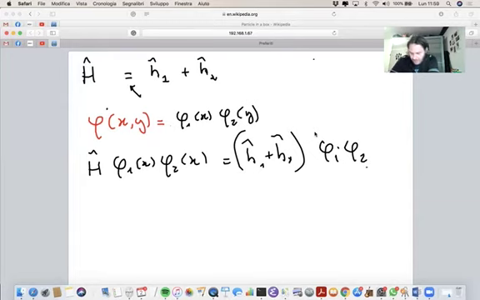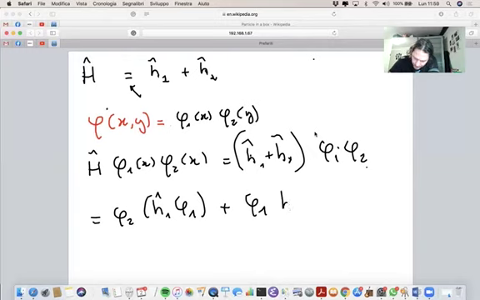Because of this definition. Now, by definition, H1 acts only on phi 1 and not on phi 2. So this is going to be phi 2, H1, phi1. Similarly, phi1, H2, phi2.